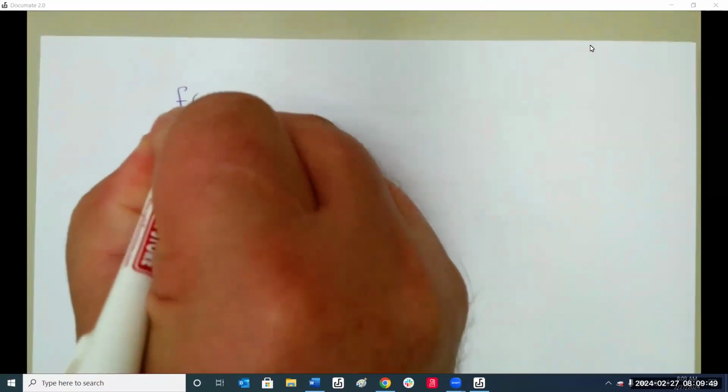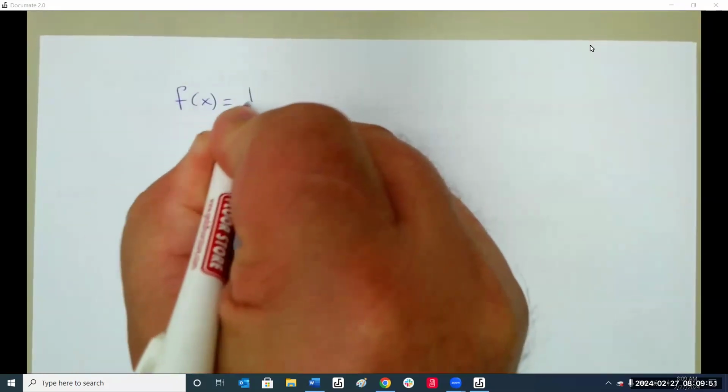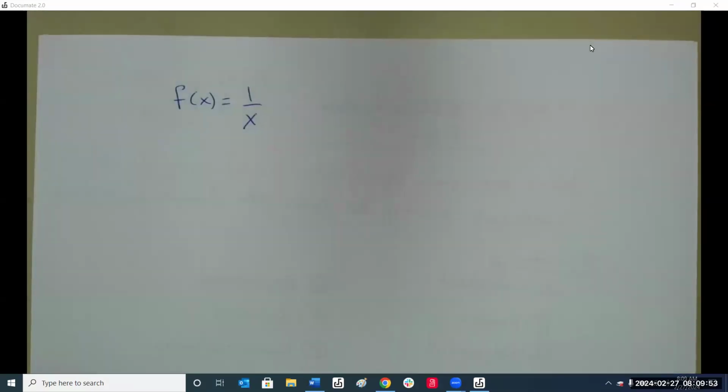Remember earlier, also, we did rationals or radicals. What was the derivative of that function? And how do you figure it out? How did you figure it out?